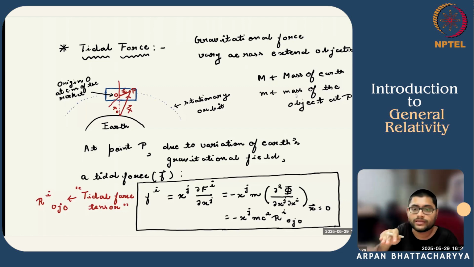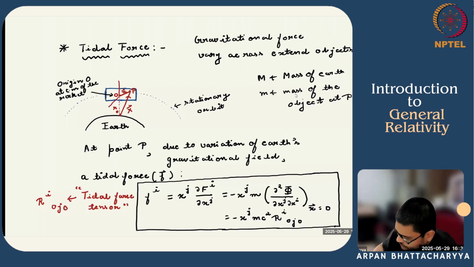Now we know that there is a variation of Earth's gravitational field inside this rocket, and at point P, due to this variation of the gravitational field, there will be a tidal force, which we denote by F. So the F here comes from the variation of this gravitational field with respect to this origin O, and then we can rewrite it in terms of the potential.